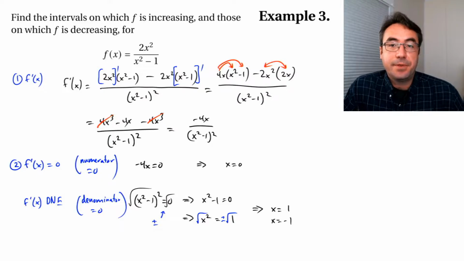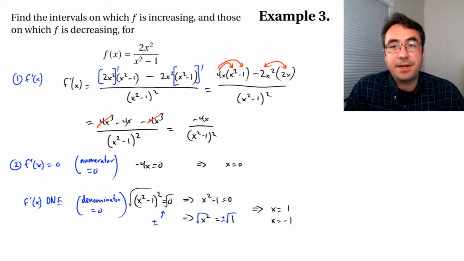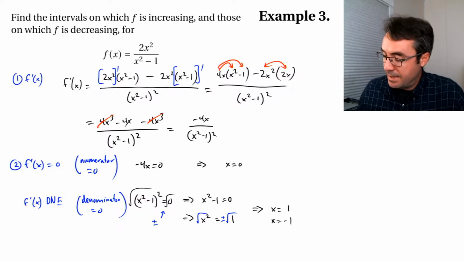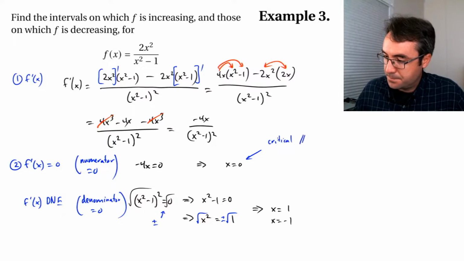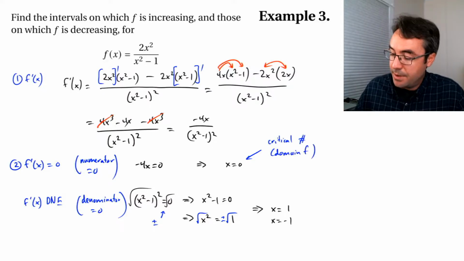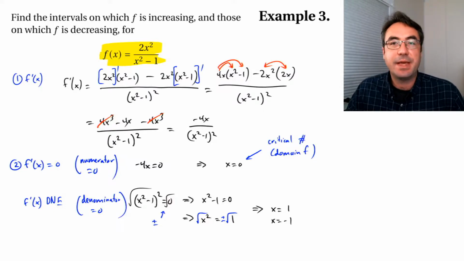And that's it. We figured out where our derivative is 0 and where our derivative is undefined. Now let's mention that x equals 0 is a critical number because it's in the domain of our original function f. We can plug 0 back into the original function and we get something that makes sense.